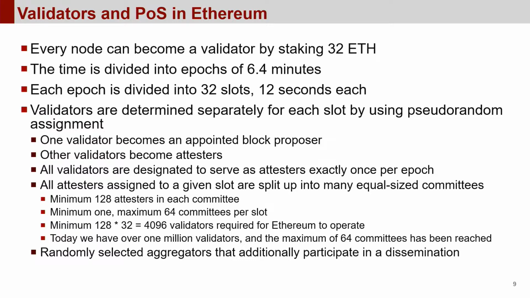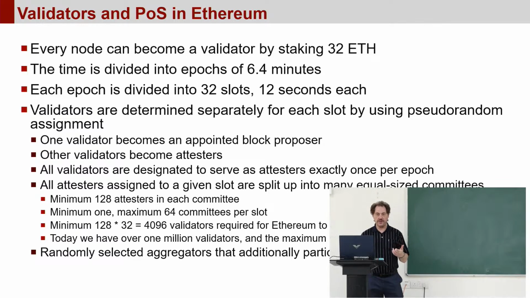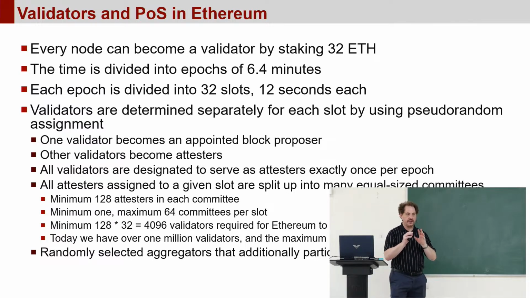So Ethereum divides time into epochs, where each epoch takes 6.4 minutes. And each epoch is further divided into time slots. Specifically, 6.4 minutes are divided into 32 slots, 12 seconds each. And the validators and block proposers are selected on a per slot basis.